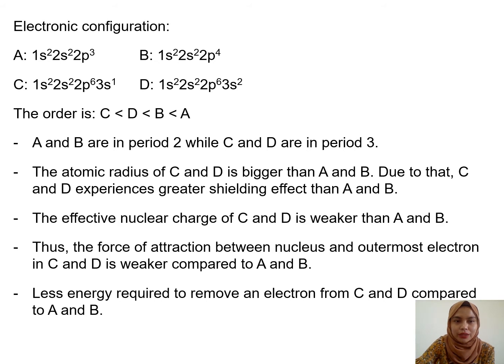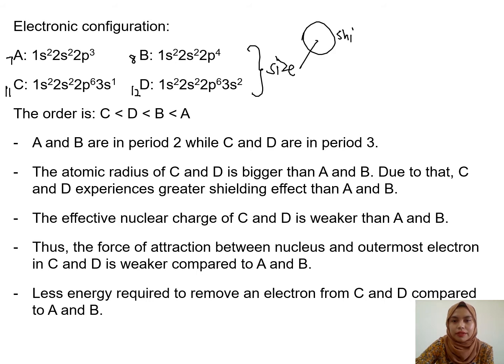So, from the question just now, we know that A has 7 protons, therefore it will have 7 electrons, B 8, C 11, D 12. Okay. From there, you build their respective electronic configurations, then you can determine which has the bigger size and which the smaller size. So after you sort them by their respective sizes, you will know that a bigger size is because of the shielding effect.